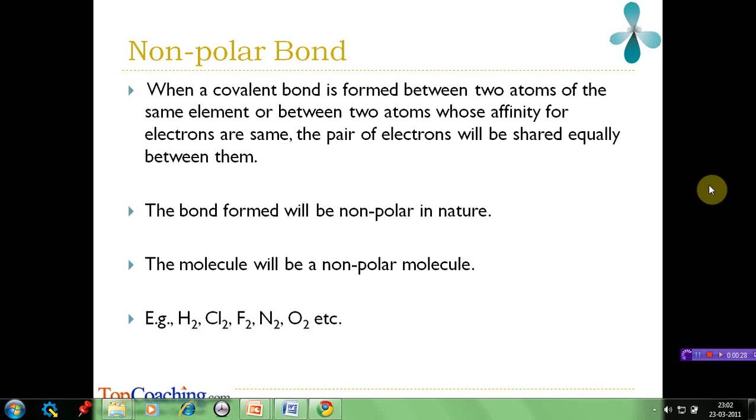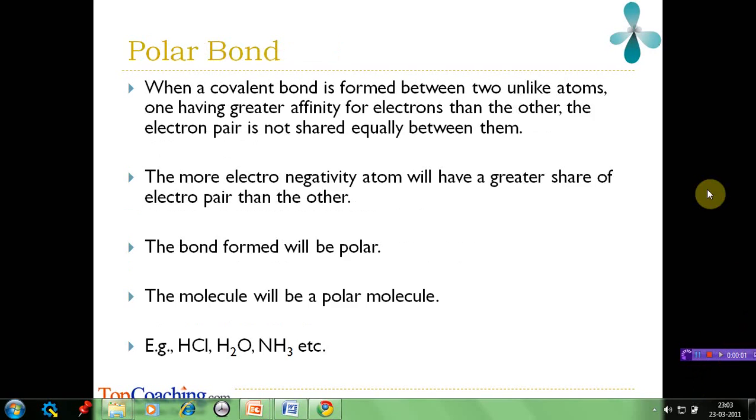Such a bond is said to be a non-polar bond and the molecule is said to be a non-polar molecule. Examples of molecules having this type of non-polar bond are hydrogen, chlorine, fluorine, nitrogen, and oxygen. Since the pair of electrons is shared equally between the two atoms, the bond formed will be non-polar.